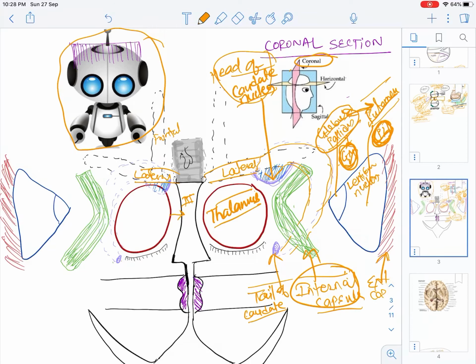This extension I have shown is the frontal horn, and this I have shown is the lateral horn of the lateral ventricle. So above the thalamus it is related to the lateral ventricles, and above and more laterally it is related to the head of the caudate nucleus.